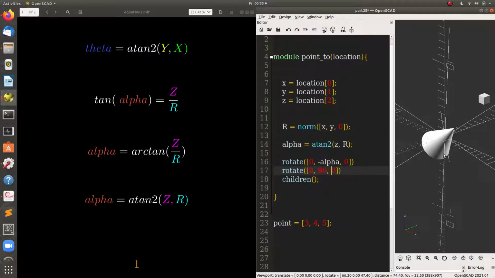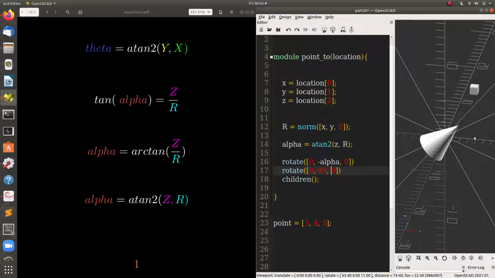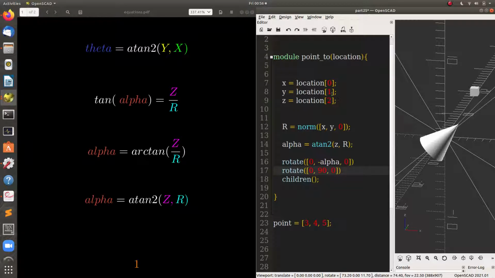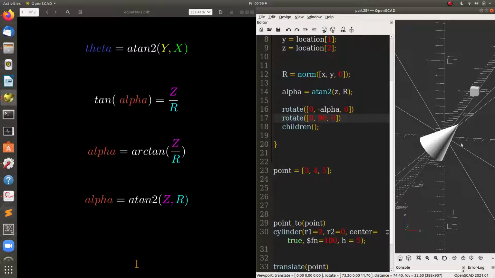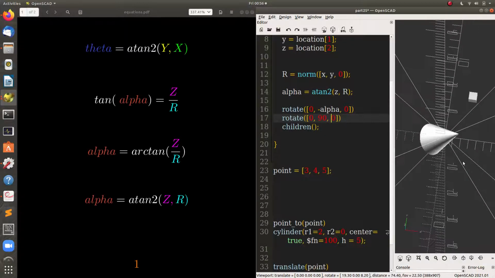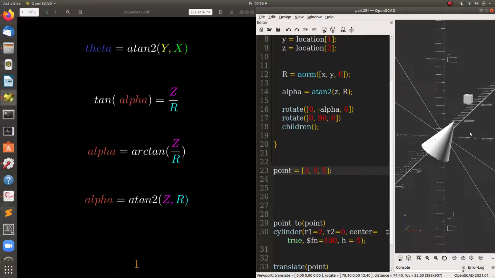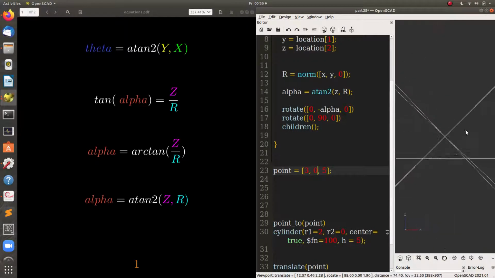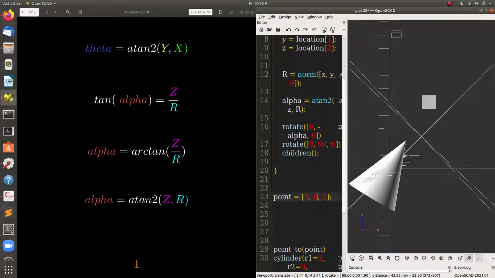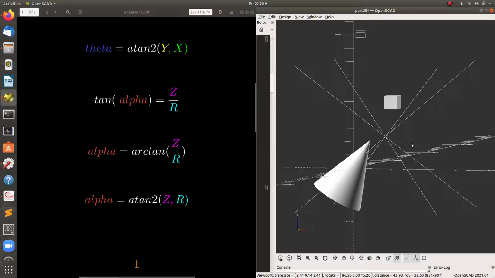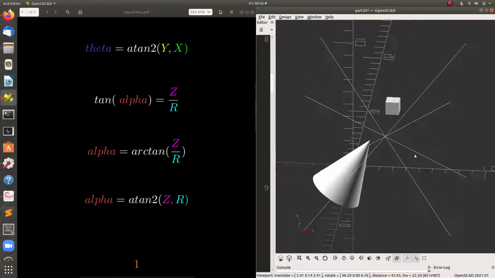It's kind of hard to tell if it looks right or not. It is right, but let me bring this to the XZ plane. If I give it a 0 y value, it will be correct. As we can see, it clearly points to the object now on the XZ plane, because we don't need any theta rotation in this case.